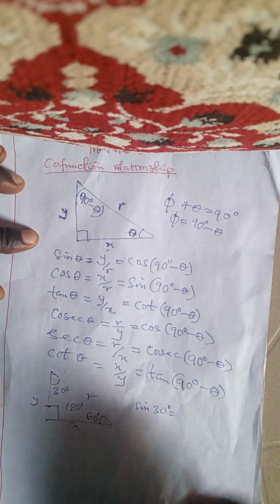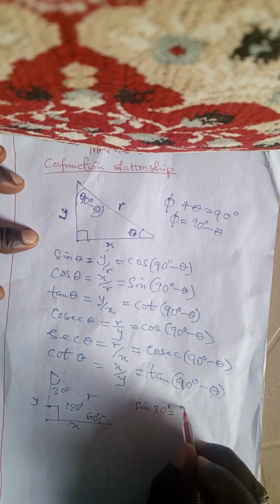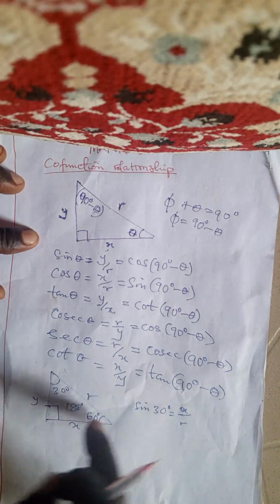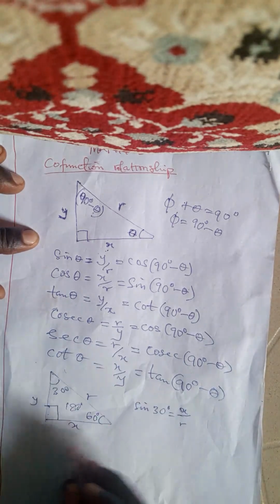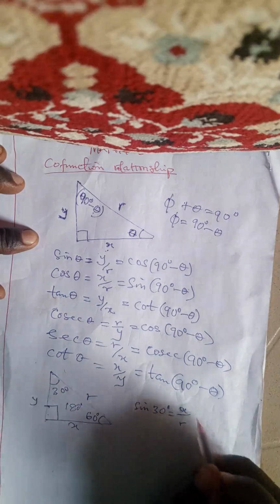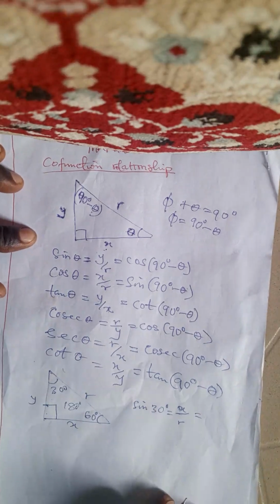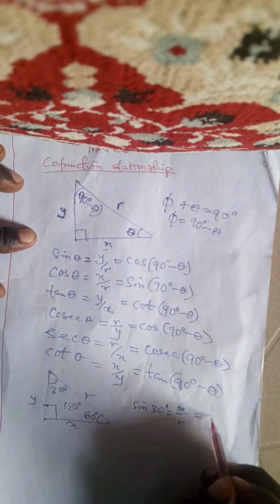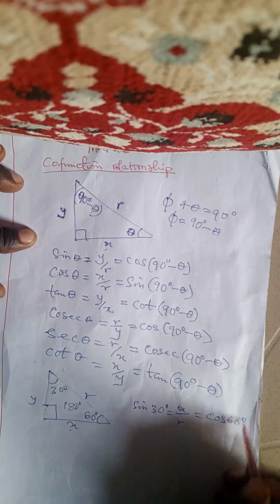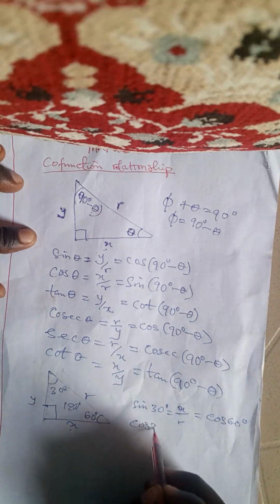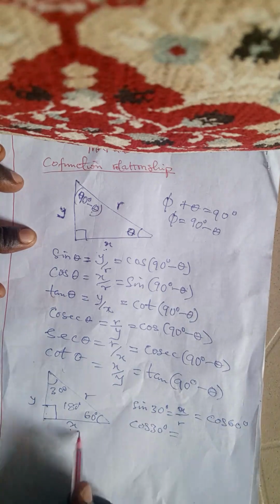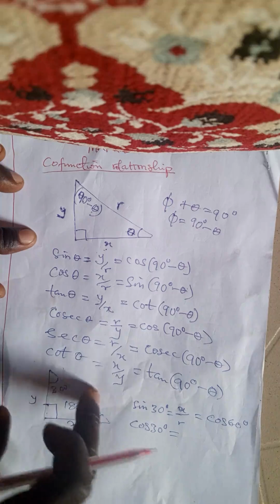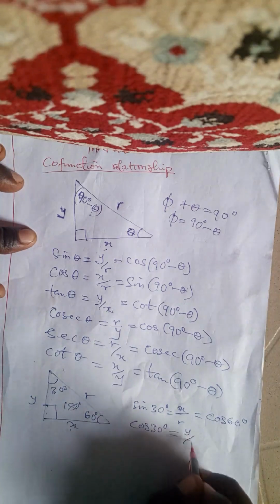What is sine 30 degrees? Sine 30 degrees is x over r. But x over r in terms of 60 degrees will give you cos, because it is adjacent over hypotenuse, so cos 60 degrees. What is cos 30 degrees? Cos 30 is adjacent to 30 over hypotenuse. So adjacent is y over r.